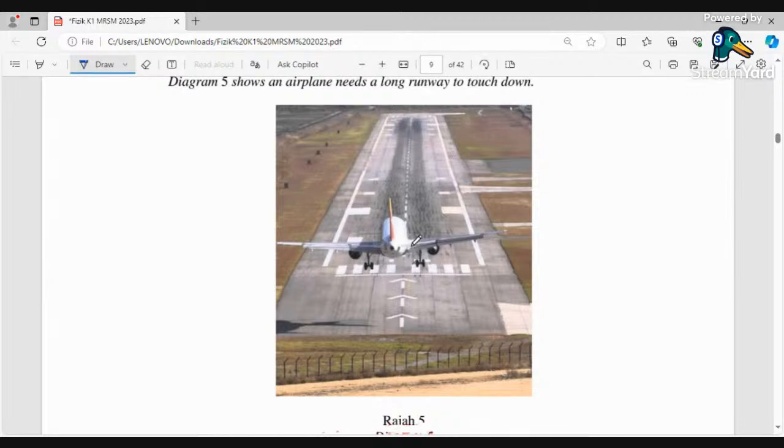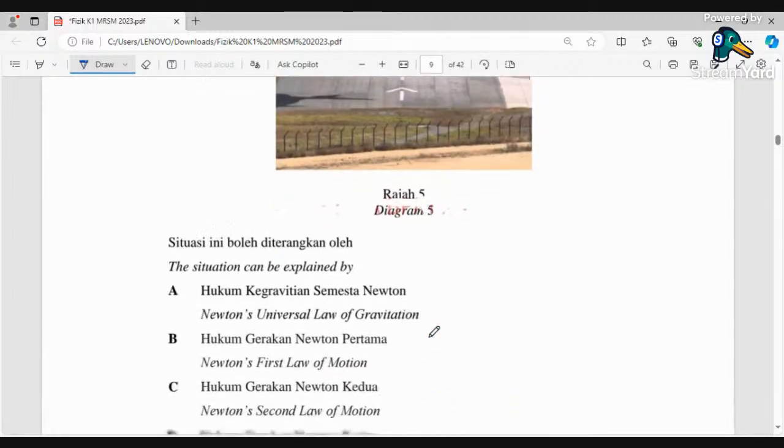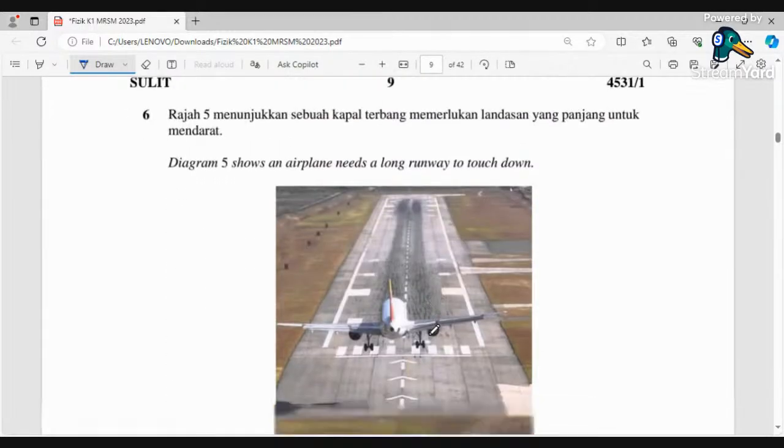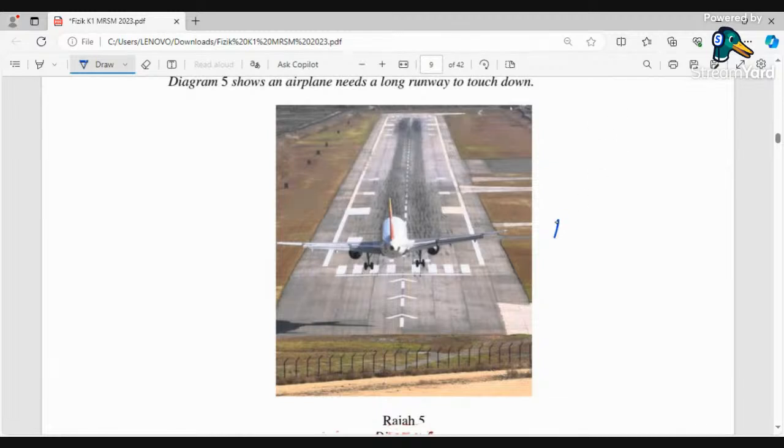But it continues to move, means it's not easy to stop due to its larger mass. Okay, so this one is the concept of inertia. Difficult to stop. Okay, why larger mass?